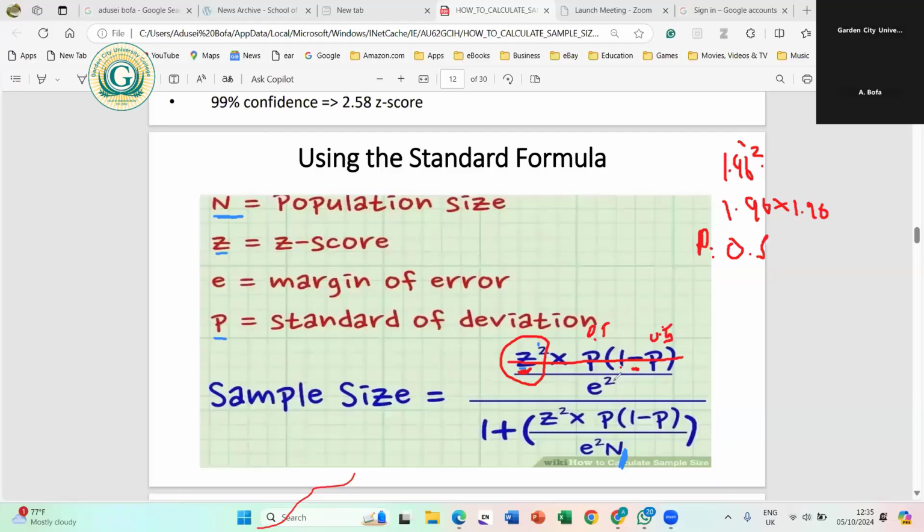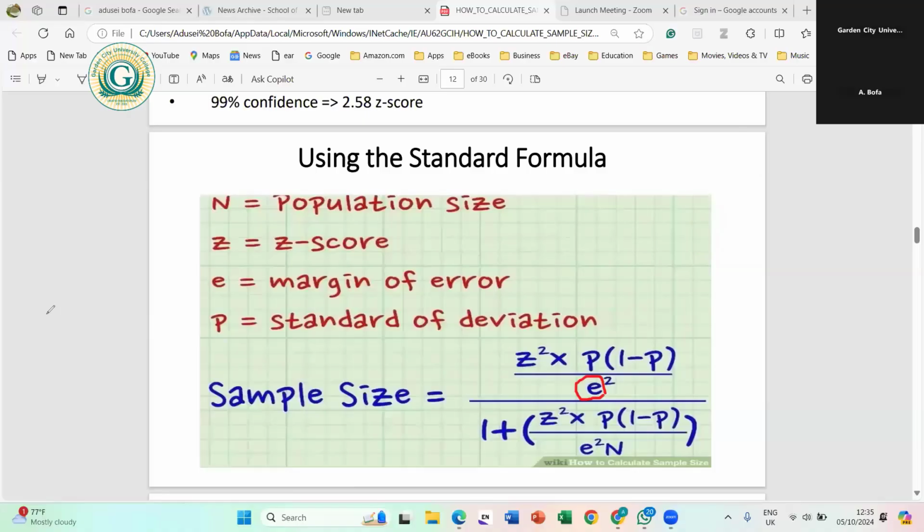Don't forget it is squared. Once it is squared, it is the number multiplying itself. So any number here, you multiply by itself.